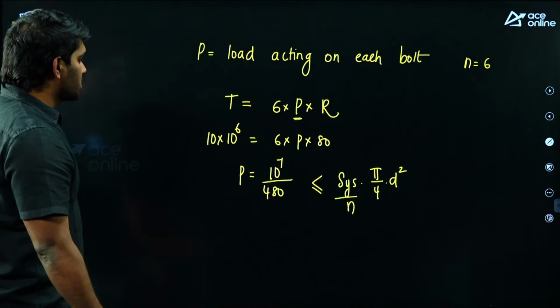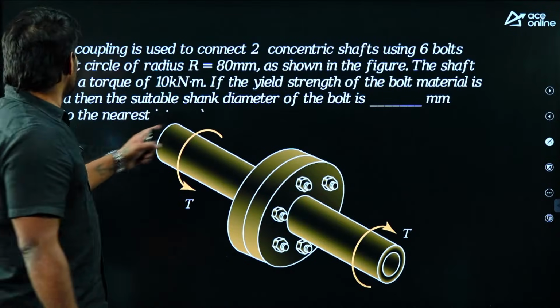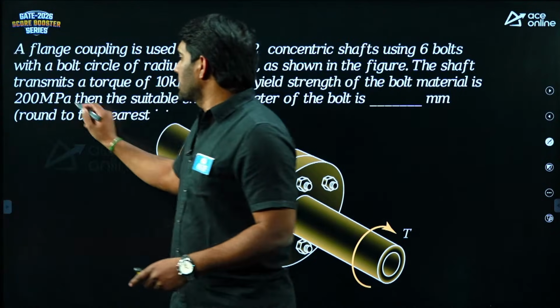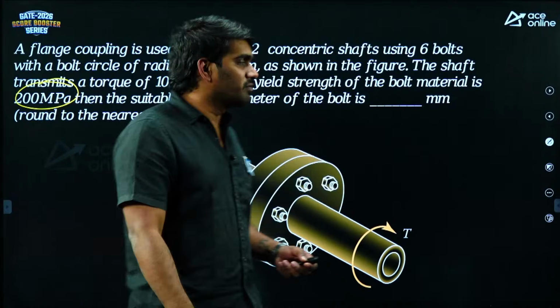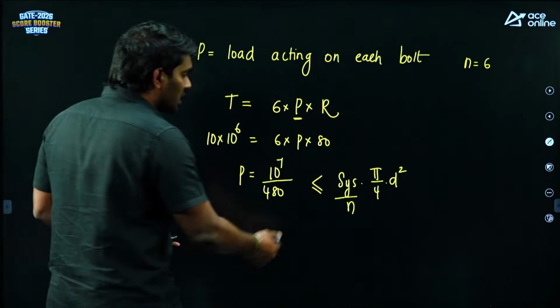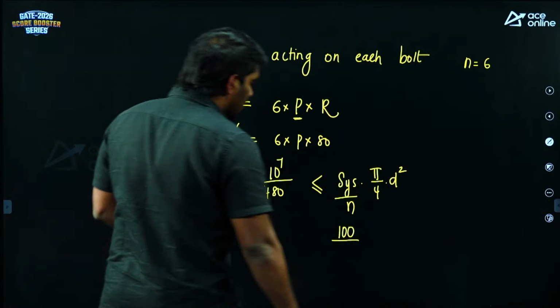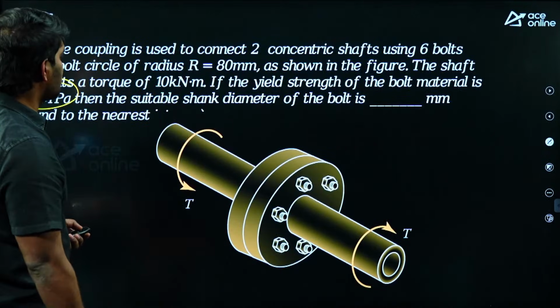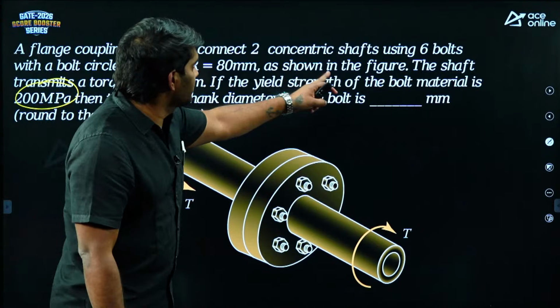Let me substitute these values. Is the value of SYS given? The yield strength of the bolt material is given as 200 megapascal. He didn't specify the shear strength of the material, he specified yield strength. So SYS value here is 100, divided by N. What is the magnitude of N here? Factor of safety given. Is any factor of safety given in the question? Observe.